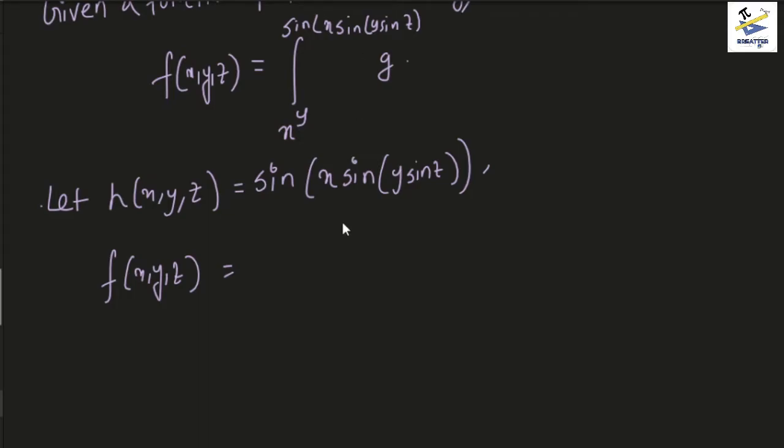So we only want h of x, y, z's composition. Firstly, what you can do is write an integral which goes from, let's say, u to t of g, and you compose it, firstly from u to t, with h of x comma y comma z, and we are going to treat t as the variable here.